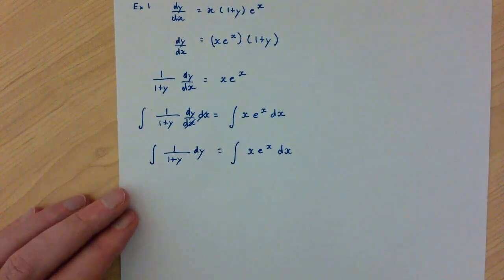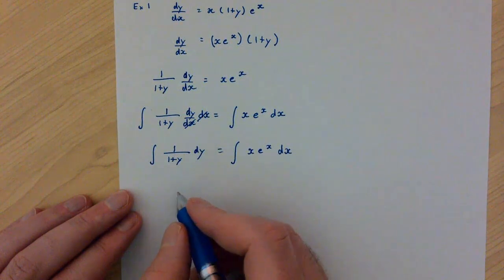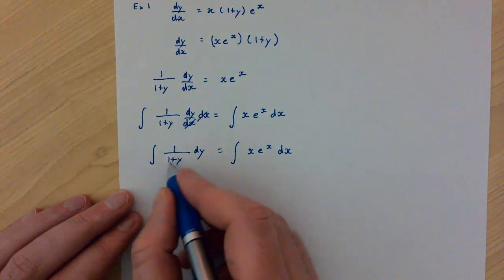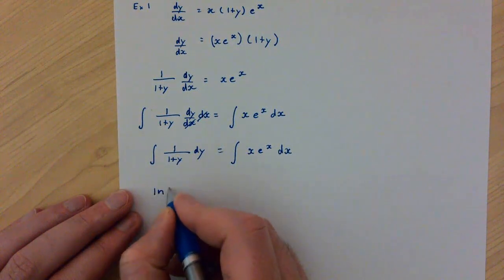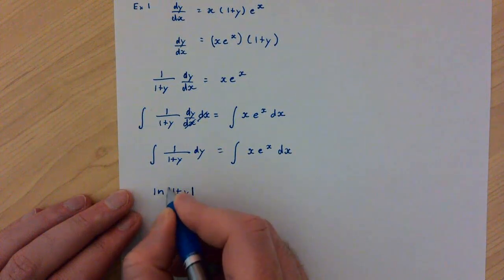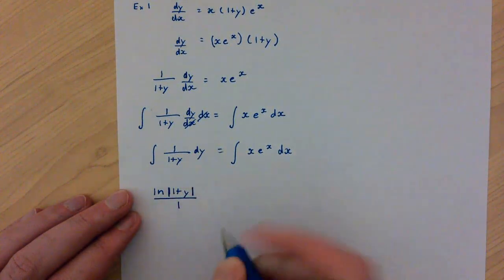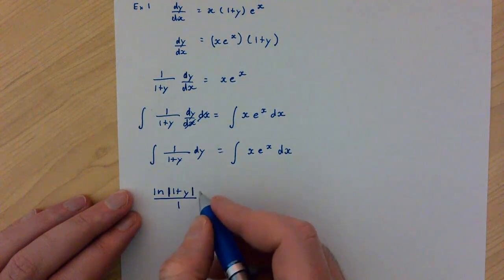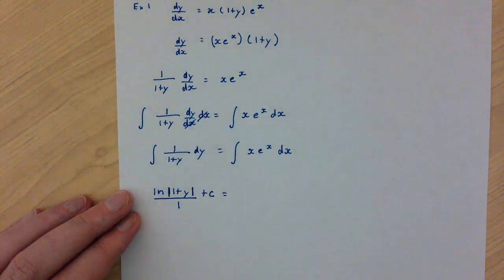Okay, so after that, integrating the left-hand side, well, that's ln. Now that's a linear argument inside the function there, so it's ln of the modulus of 1 plus y, and we're dividing that by the derivative of 1 plus y, which is just 1. So it'll be ln of the modulus of 1 plus y all over 1 plus c.